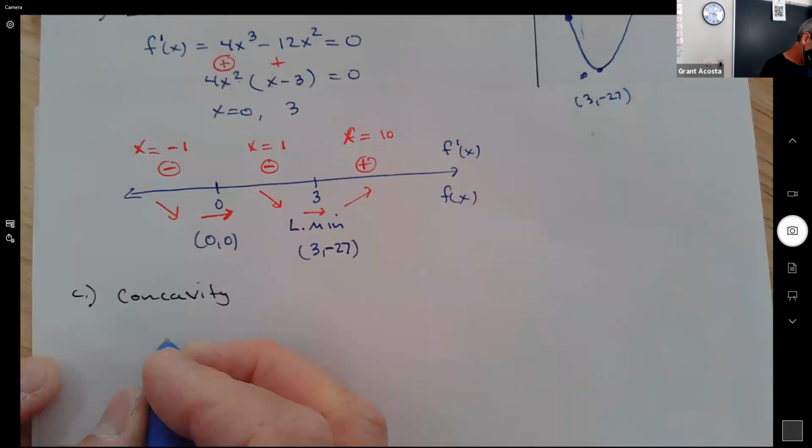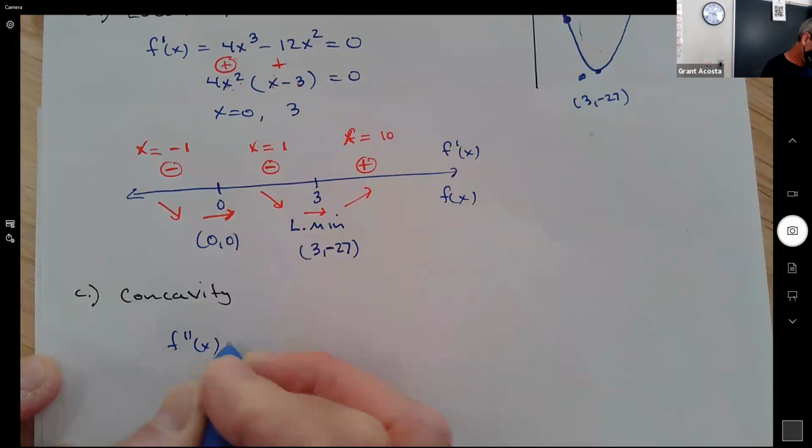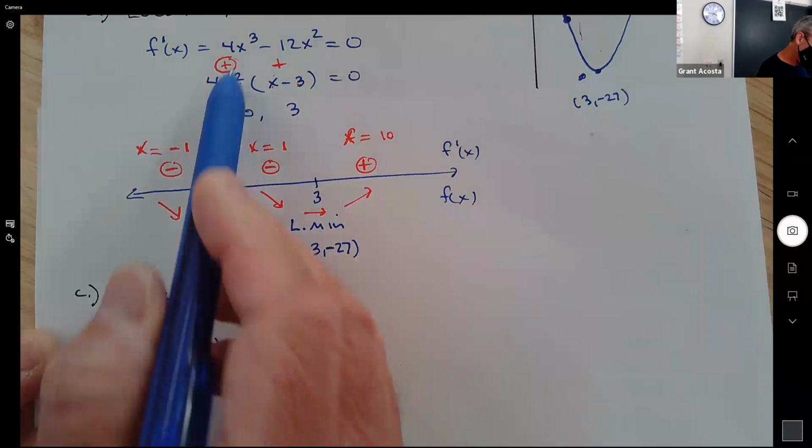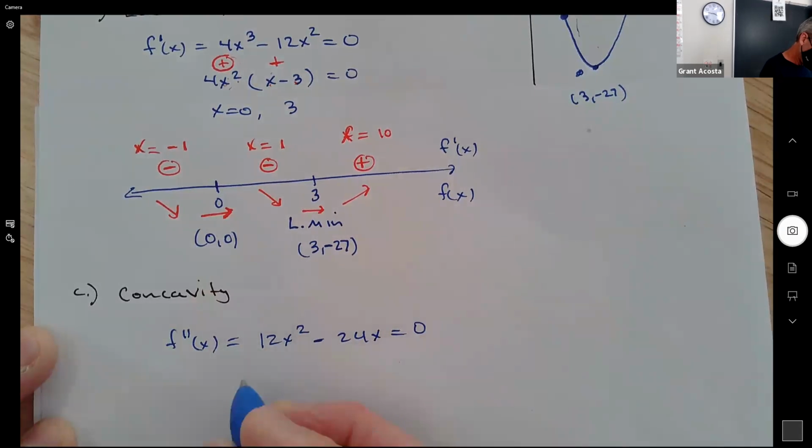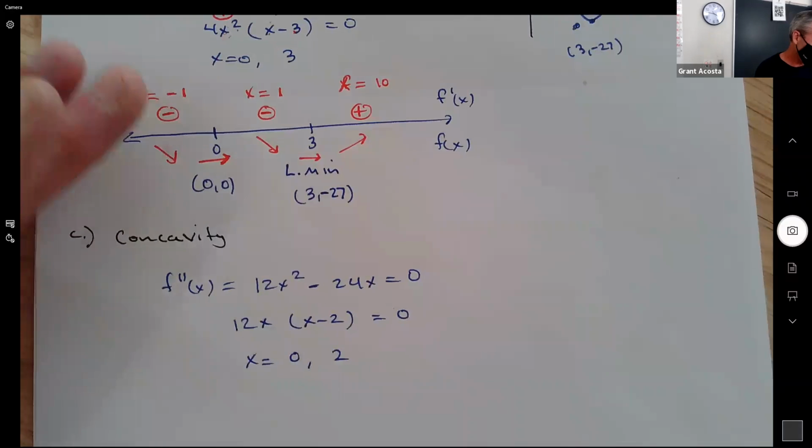All right, so my second derivative. Yeah, working from here, I'm going to get 12x squared minus 24x, factor out of 12x. I get 2 not critical numbers, but places where the second derivative is equal to 0.